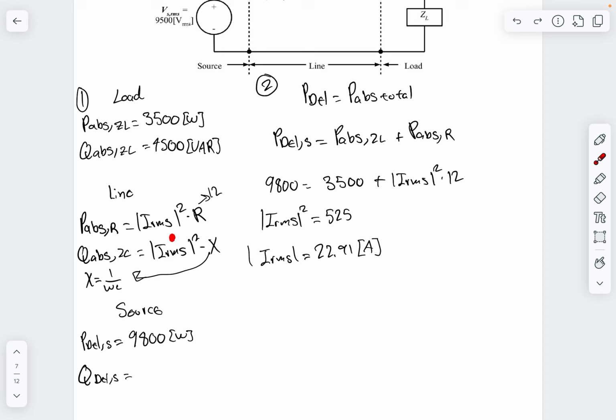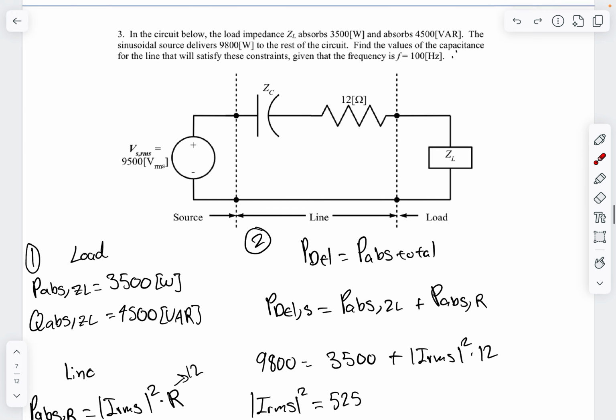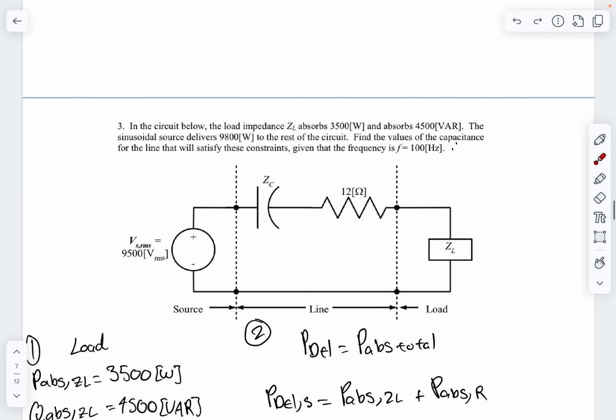Now, if we want to find the power delivered by the source, we're going to move on to the next step. We're able to use the formula that the magnitude of the apparent power is equal to the magnitude of voltage times the magnitude of current. We already solved for the magnitude of current, and this circuit was nice enough to give us the voltage.